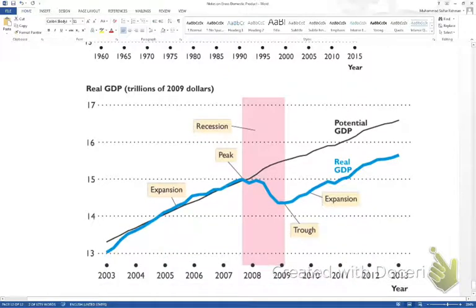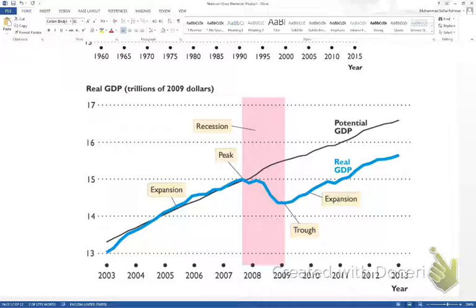Okay, so when we think about real GDP, starting from 2008, we see a major departure of real GDP from potential GDP. We know that starting from 2008 and probably till now, the US economy is going through what we call a recession. So what is a recession? A recession is half part of a business cycle.